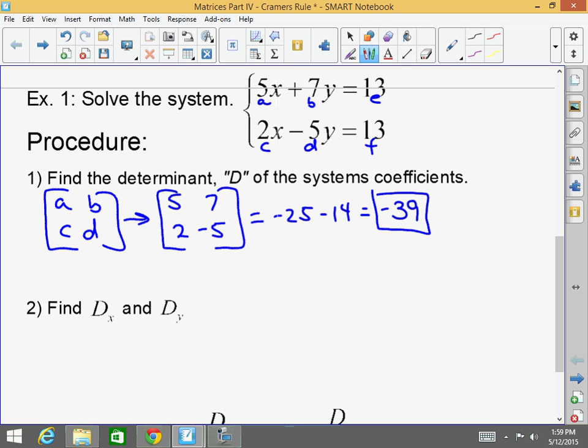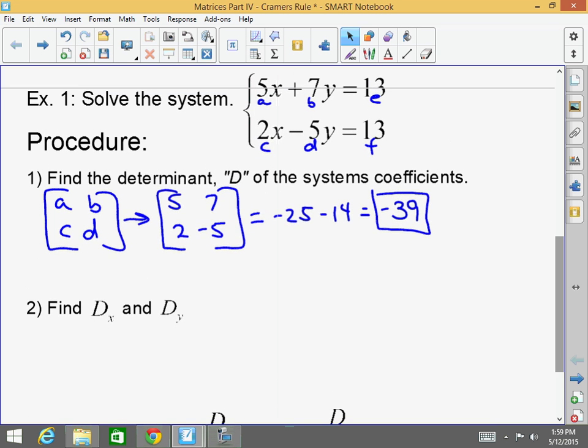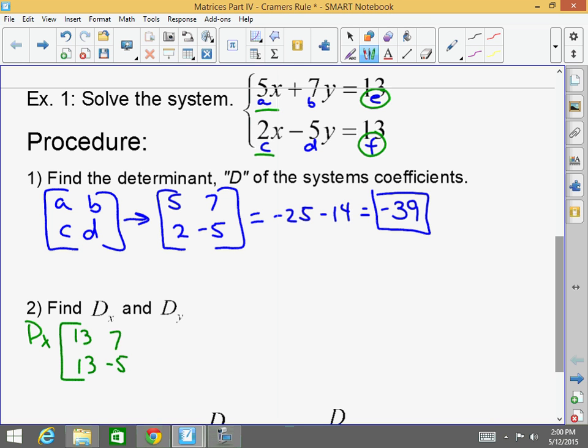Now I have to find, though, my dx and my dy. So let's find my dx and dy. My determinant for my x values, I'm going to replace the E and the F with A and C. So I'm going to have 13 and 13 in this case, and then I'm going to have 7 and negative 5.